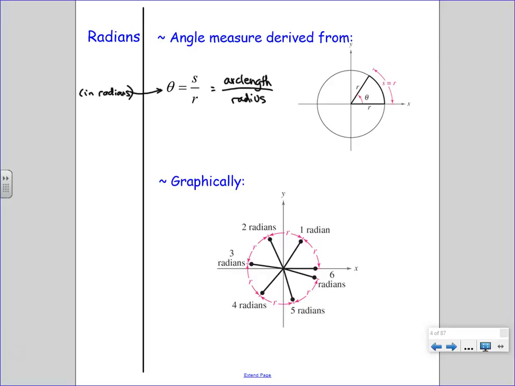Wait, like seriously? Seriously. So if I got, for instance, a piece of string and a ruler, and for my little circle up there, if I were to take this little piece of string, I use string because it's flexible.